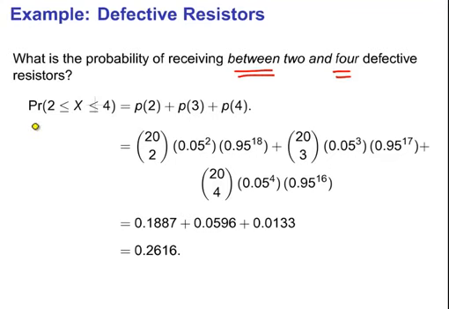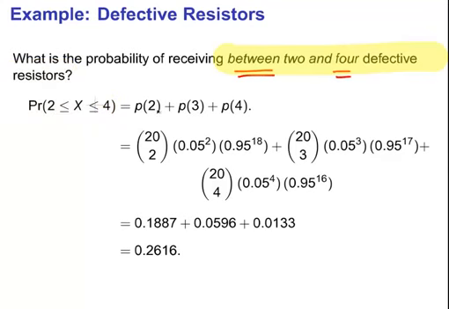So the probability of between 2 and 4. What I'm more interested in right now is how I express that mathematically: 2 less than or equal to X less than or equal to 4. That's essentially 2, 3, or 4. Between 2 and 4 means 2, 3, and 4.